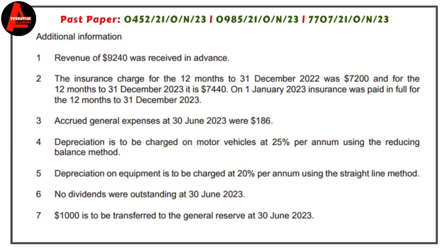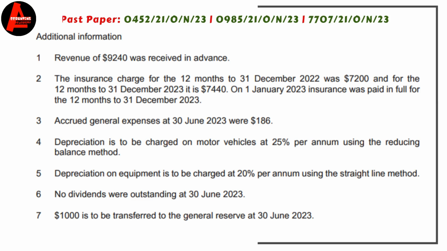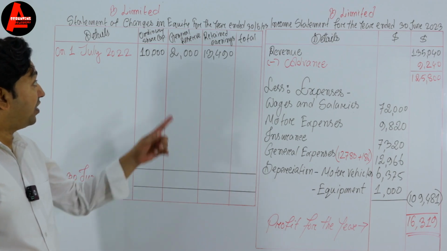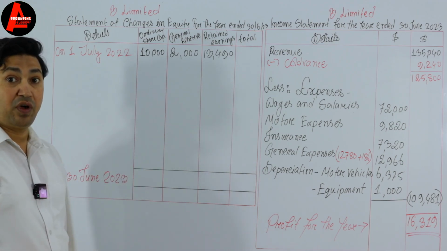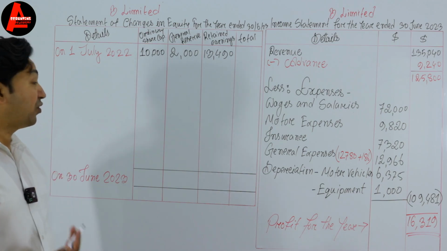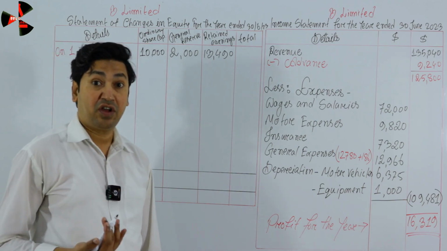Now we have some adjustments in the question. Number 7: $1,000 is to be transferred to the general reserve at 30 June 2023. The general reserve already has $2,000, and we will add $1,000 more. But before that we need to write the profit for the year.